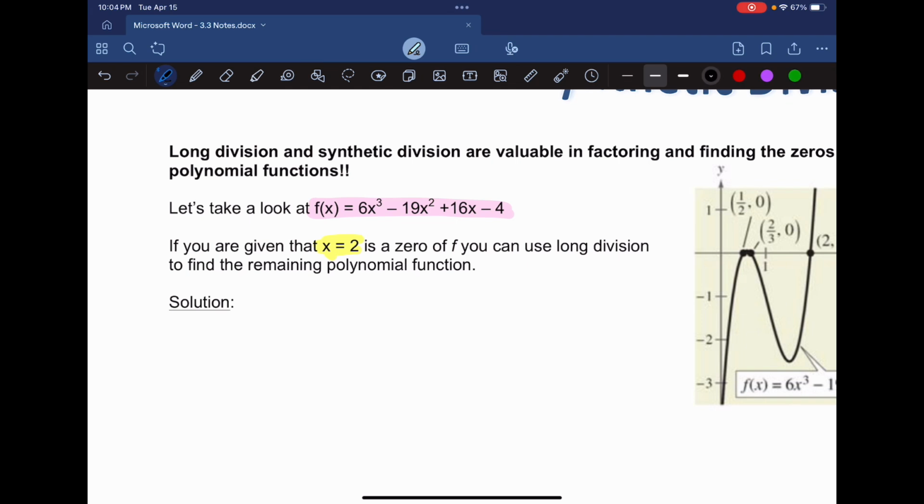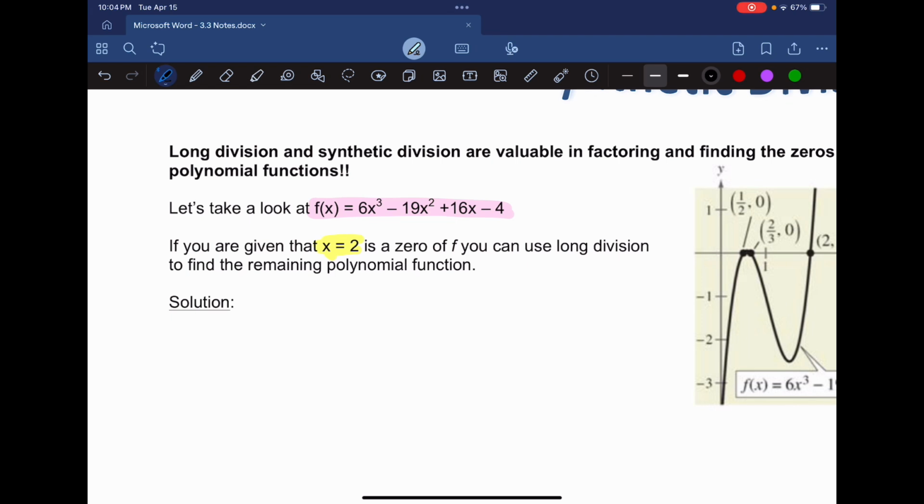So let's just talk about what this means. When we talk about long division, we are going to be dividing a polynomial by a binomial or a trinomial, okay? So let me say that again. We're taking a polynomial and we're going to divide it by a smaller degree polynomial.